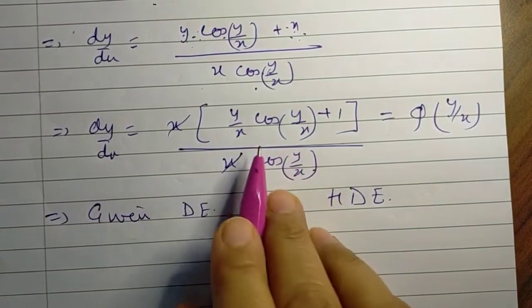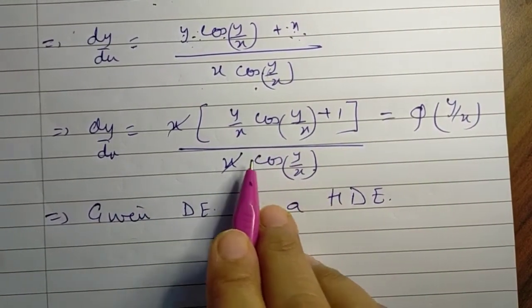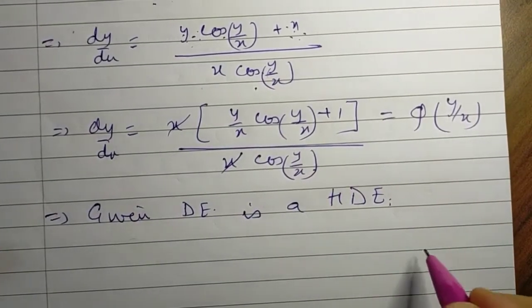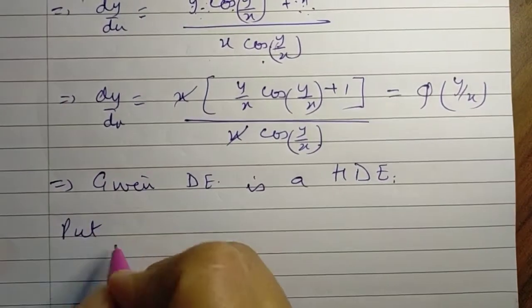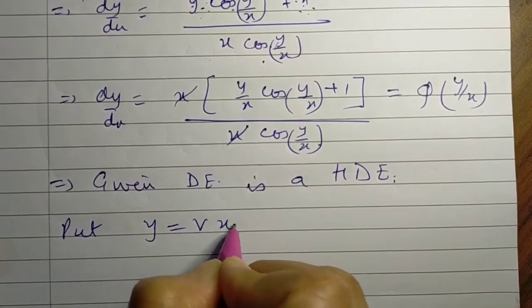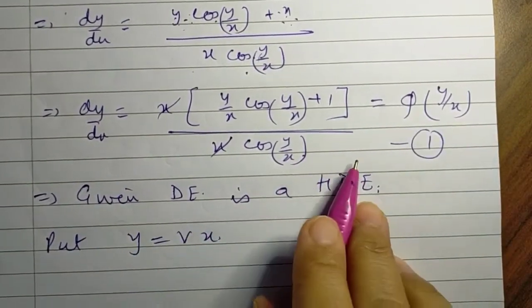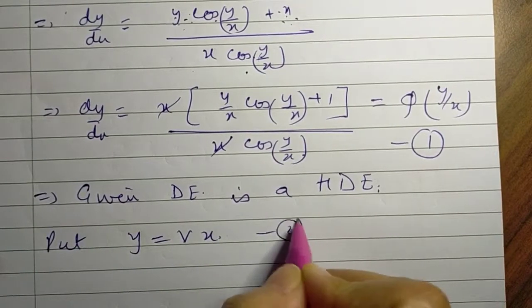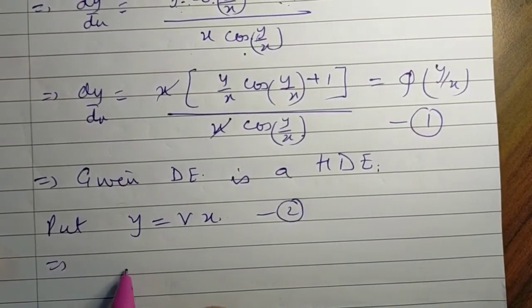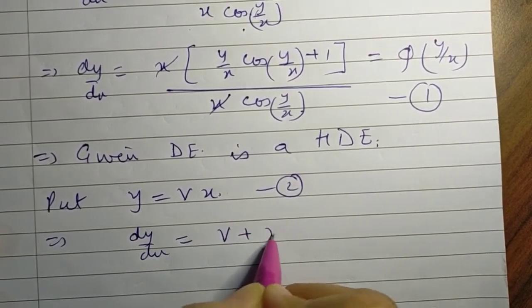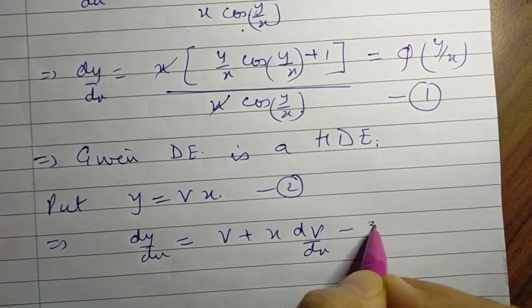Now once we are confirmed that the given equation is a homogeneous differential equation, we have to solve it. So now put y equal to vx. Let's call the equation equation number 1. If we put y equal to vx, we get dy by dx is equal to v plus x dv by dx.